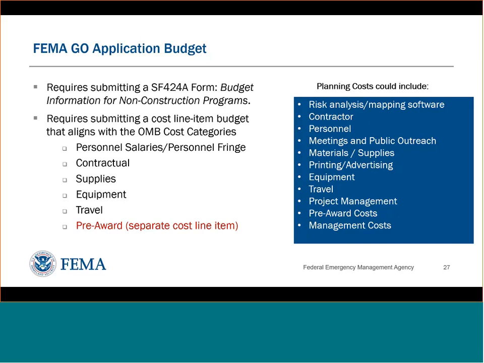When you are putting your budget together, look at the NOFO, which describes management costs and what's defined as management and how that will differ from the project. Again, the management costs are the administrative and indirect costs associated with the overarching grant. And then the pre-award costs, as you can see bolded in red on the left, do need to be entered as a separate cost line item in the FEMA Go budget, and it will actually prompt you to enter it as a pre-award cost.